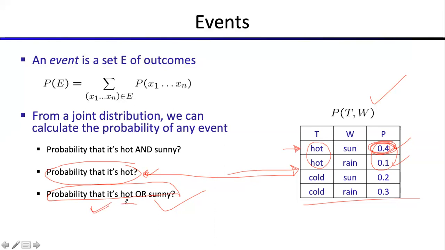it could be hot or sunny. ठीक है. So hot की probability आप identify कर सकते हैं. ठीक है.